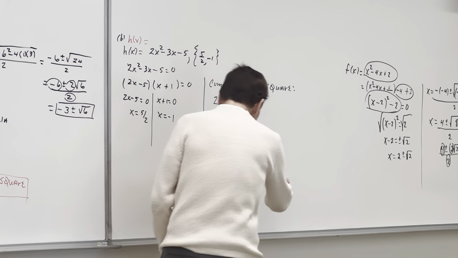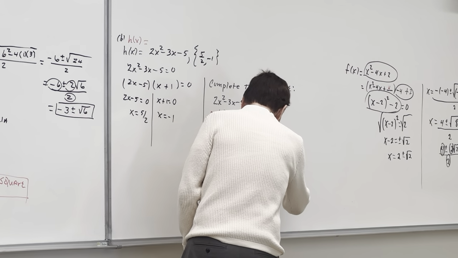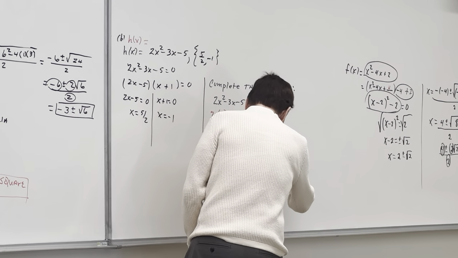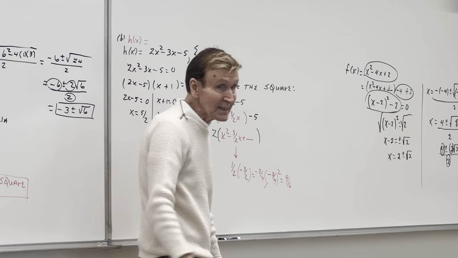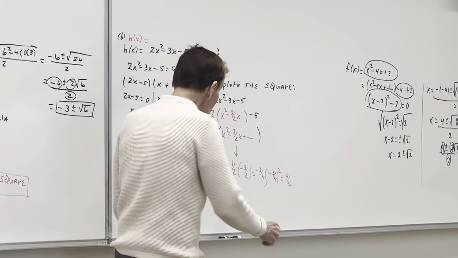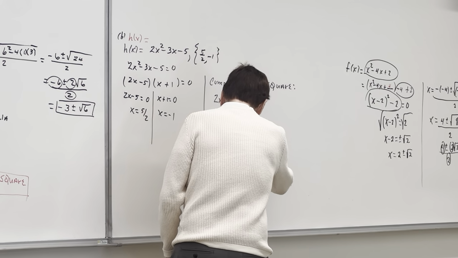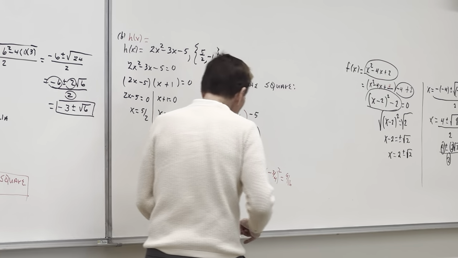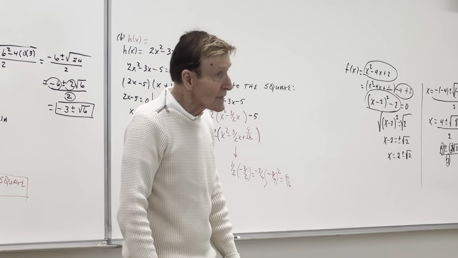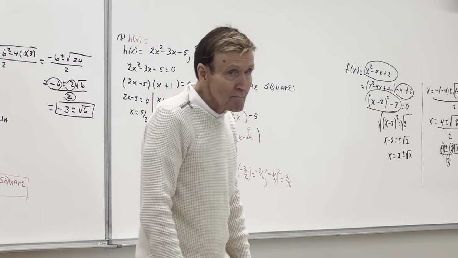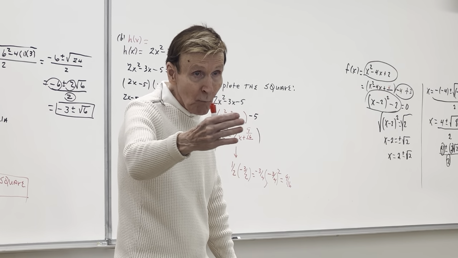Put a comma. That's what they call it, completion of the square, you gotta square this. Now, I think she told me 9 over 16, that goes here. That's no problem.